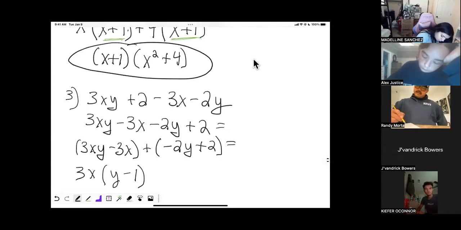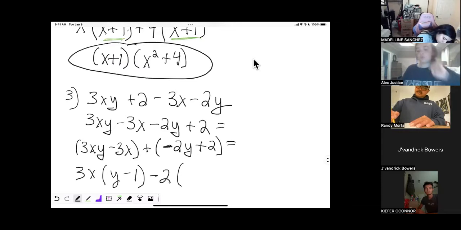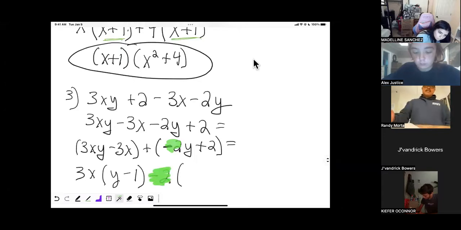Now, remember we talked about when you factor, if the first one is a negative, you have to factor it out. We have to factor out not just 2, but -2. You have to take the negative out. When I take the negative out, -2 divided by -2 is 1.